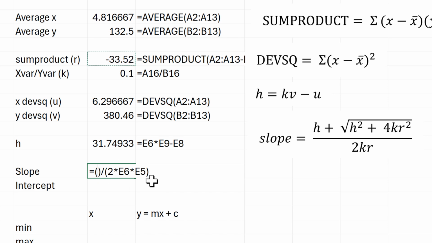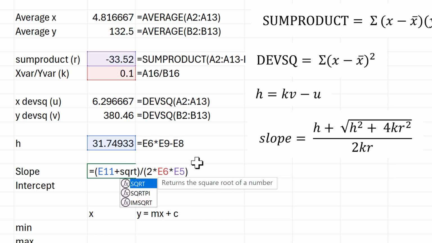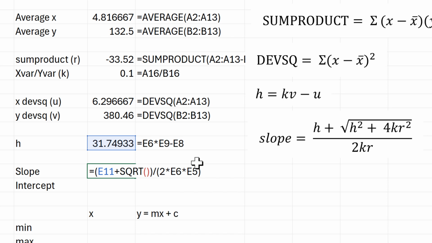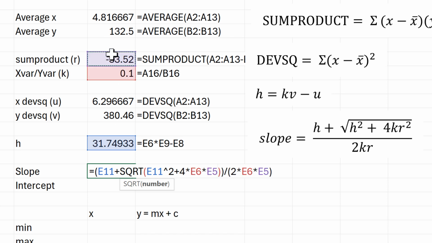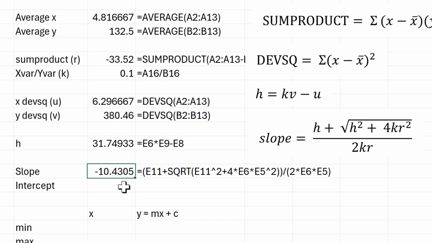And then for the top part, I will do h plus the square root. And we need another close brackets here. And inside the square root, it's going to be h, and this needs to be squared, plus 4 times by k times by r, and then r needs to be squared. And now we have the slope.